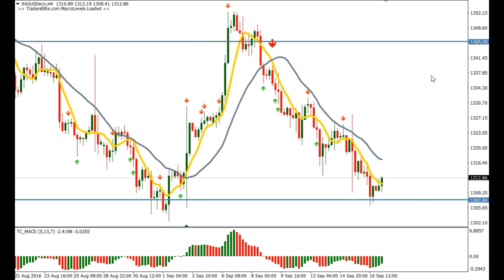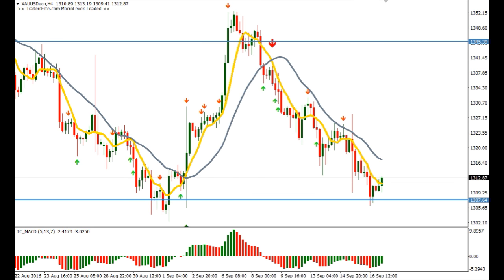And we've got macro levels, which are these horizontal lines that identify the key macro levels, the major levels of support and resistance. They're taken on daily, weekly, and monthly time frames, so they are rock solid.